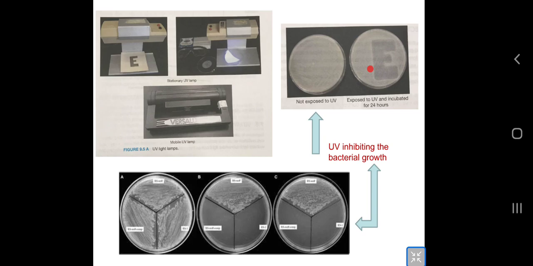You know it. For example, you are streaking on the plate, and then you are going to have, for example, a disc, and that disc is impregnated with antibiotic already. Those have a certain milligram of antibiotic added on the disc. You take that disc and put it, another disc, you put it.